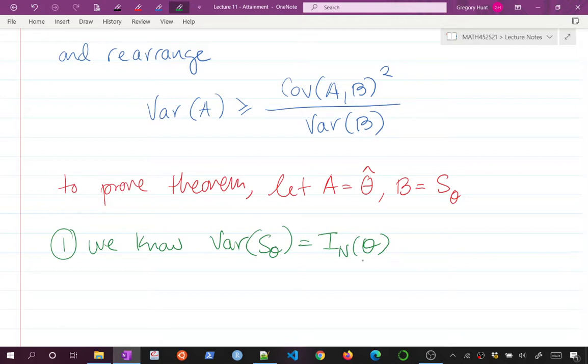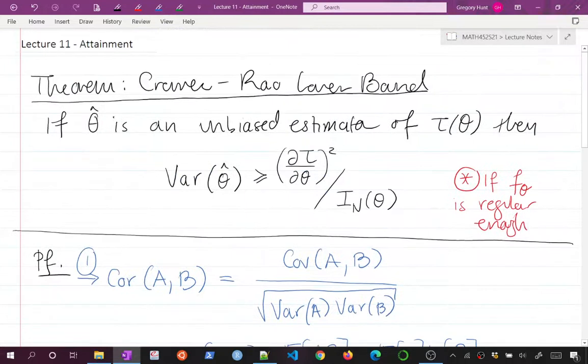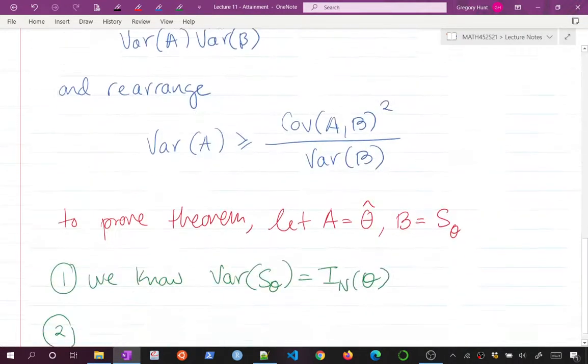There are fancy or not fancy ways to calculate this, but that's what it is. And 2, all I need to show is that this covariance of A and B gives me this derivative, and then my square comes along, right?